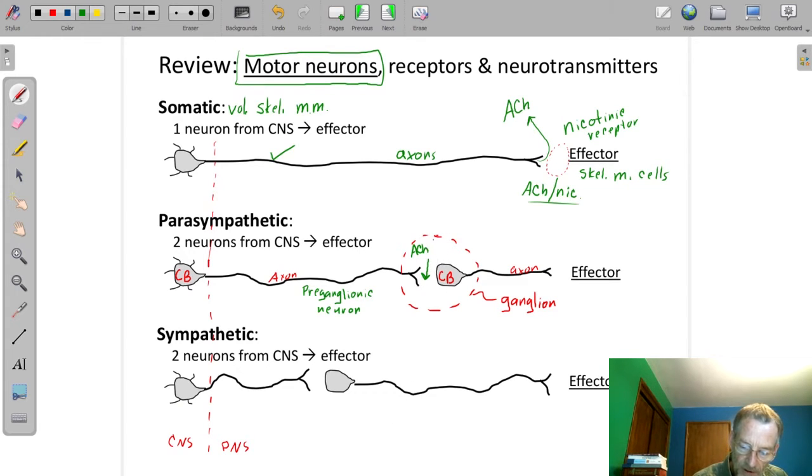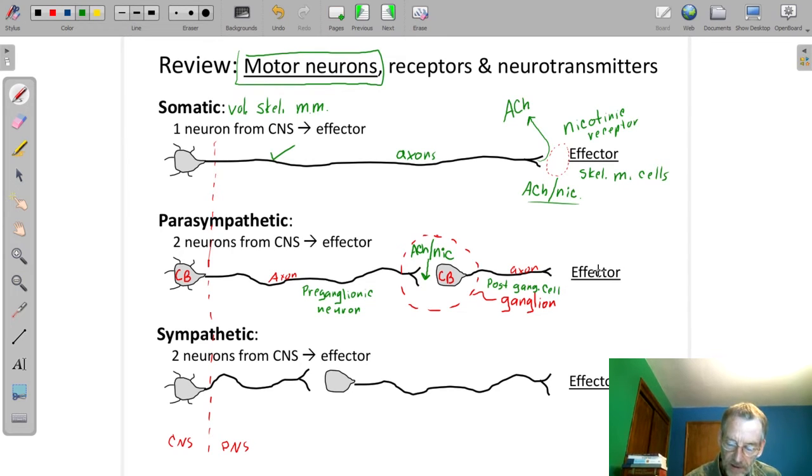And the receptor on the postganglionic cell is nicotinic. Again, it's always that same pattern. So this is the postganglionic cell. So we have a pre and a post, one before the ganglion, one after the ganglion. All right.